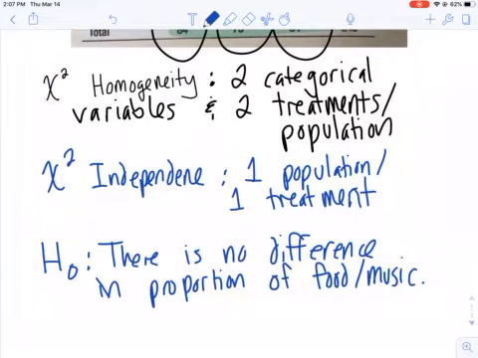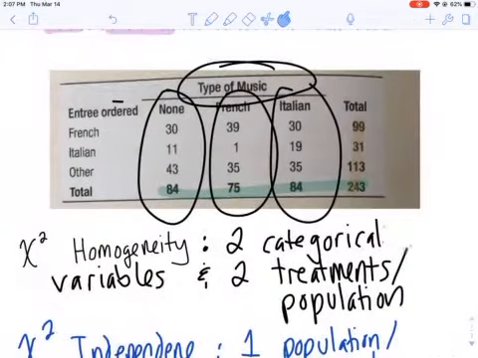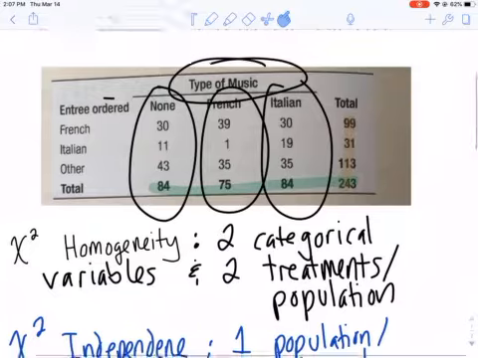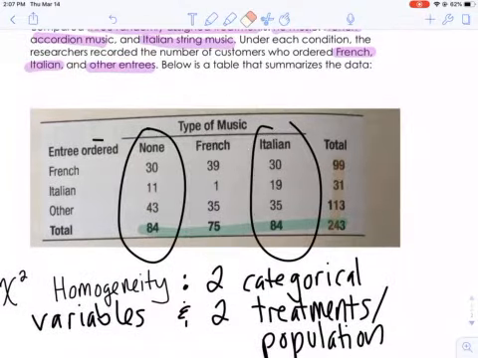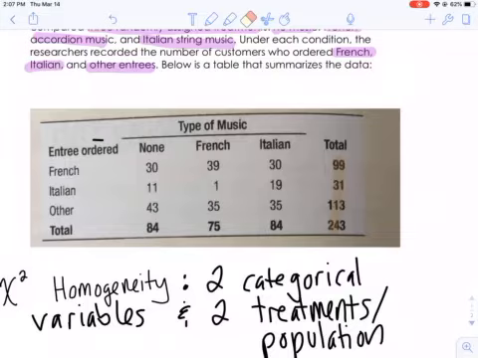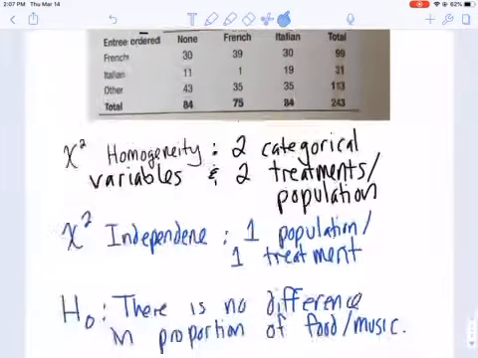So what that means is if it really doesn't have an impact, I should be seeing the same proportion each time. So if it really doesn't have an impact when there's French music playing here, I really shouldn't be seeing an uptick in the number of people ordering French food, or the proportion of people ordering French food as opposed to Italian food or other. I really shouldn't be seeing a difference. Or when we're playing Italian music, I really shouldn't see a big difference in the number of people ordering Italian as opposed to French. So that's basically what we're testing for here.